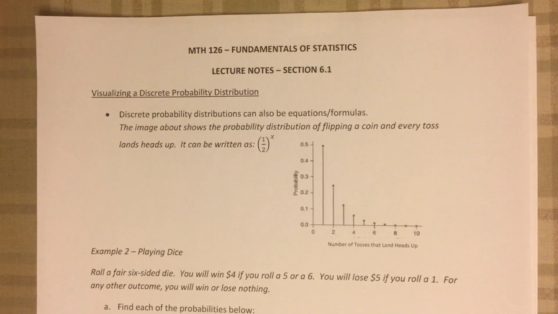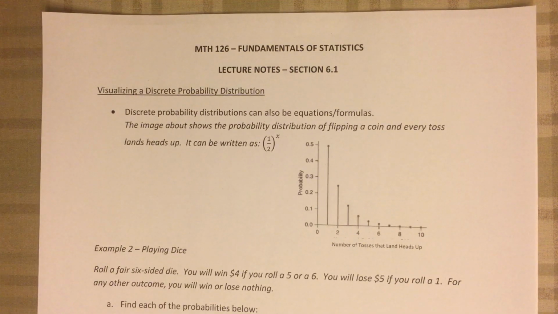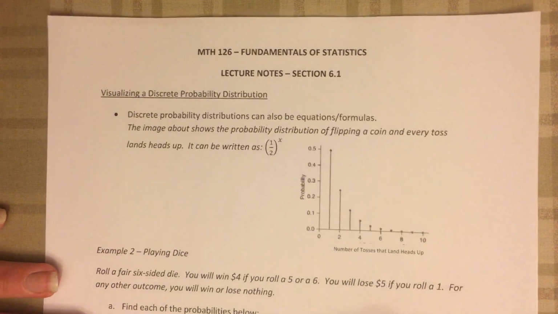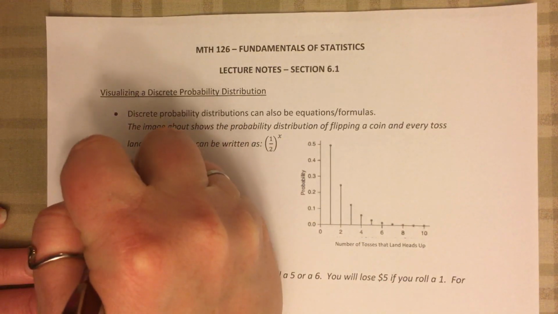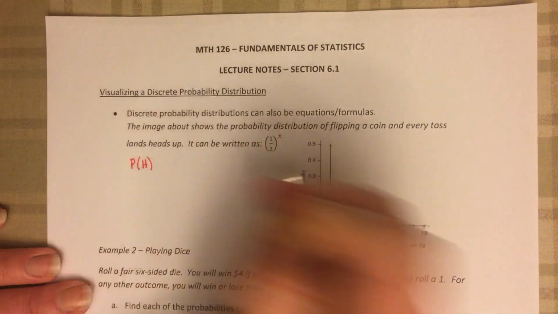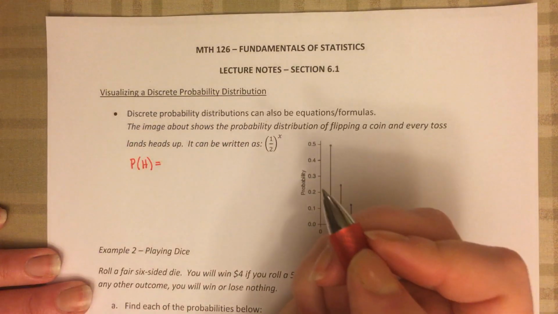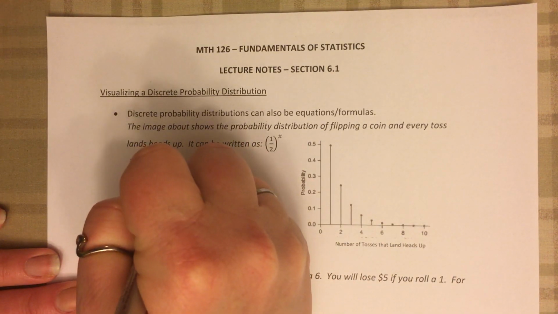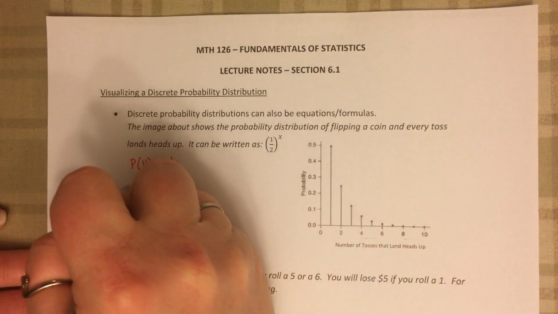Another way we can visualize a discrete probability distribution: we do see a graph here as well, but instead of a table, we have a formula, 1/2 to the x power. This is related to the probability distribution of flipping a coin and every toss landing heads up. Using our probability information from chapter 5, the probability of exactly 1 heads: we toss a coin, and we have a 1 out of 2 chance of flipping heads.